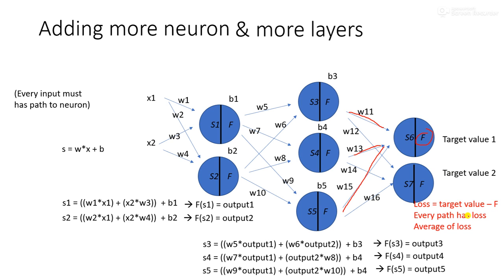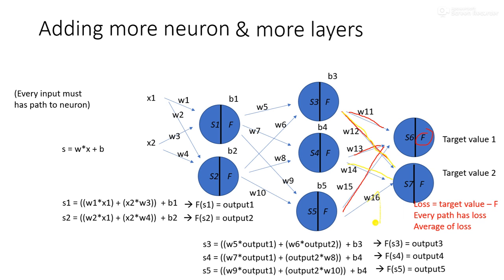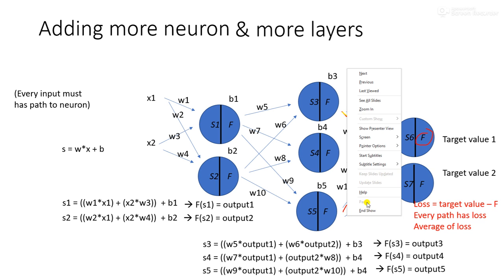So every path has a loss. So average the loss. You have 1 here, and then you have another one here, and 3.